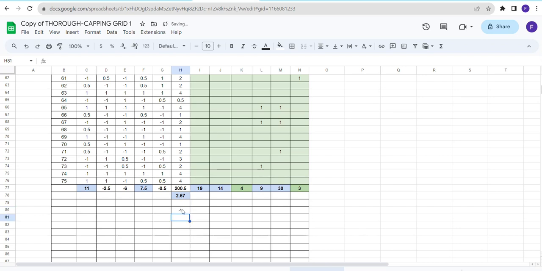Any horse that finished second in the TC rating that won the race received 3. Third in the rating got 2. Fourth in the ratings got 1. That was just to see how the ratings were holding up based on these factors. And it came out to an average out of the 75 races of a 2.67.